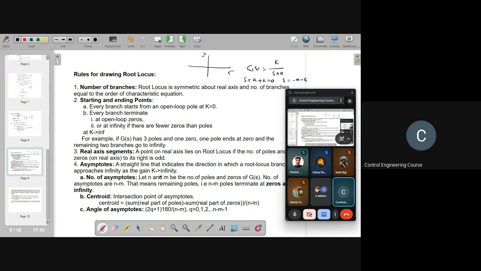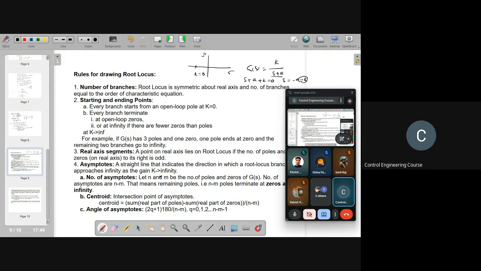Right? So the root locus tells where the starting point will be: the point at which k equal to 0. If k equal to 0, then s equal to minus a. That is the pole of the open loop transfer function. So the starting point for root locus is always the poles of the open loop transfer function at k equal to 0.